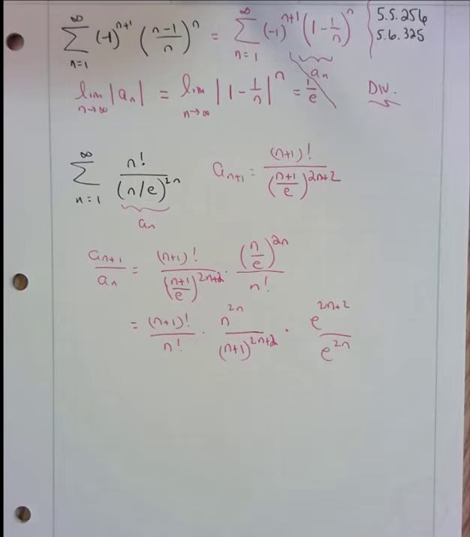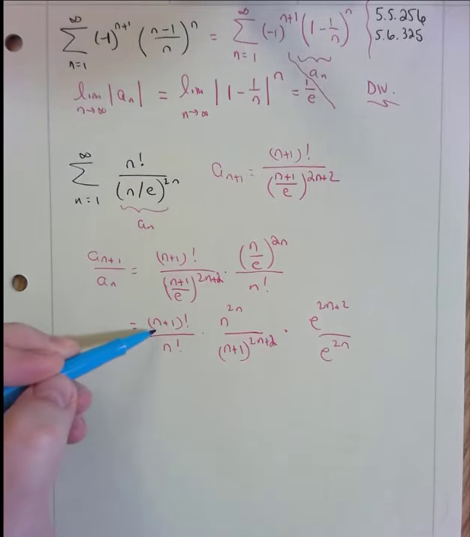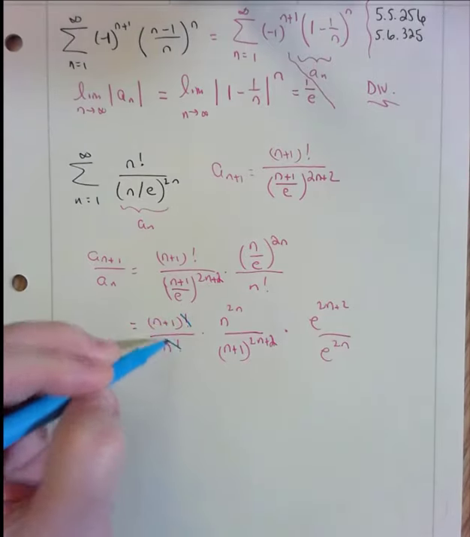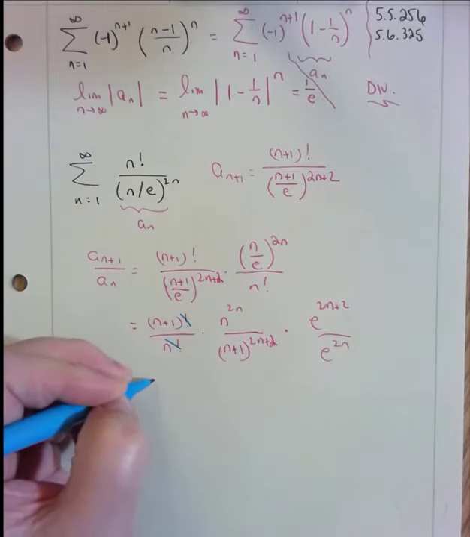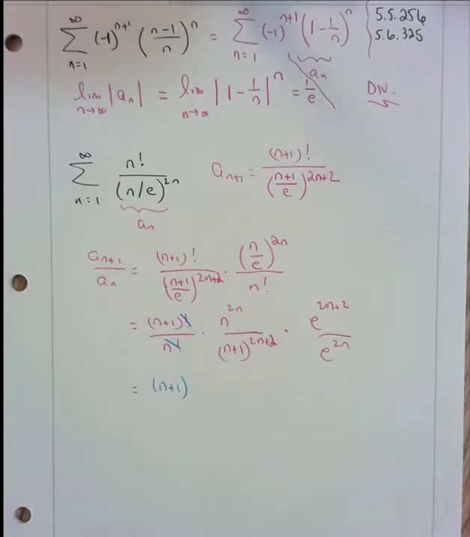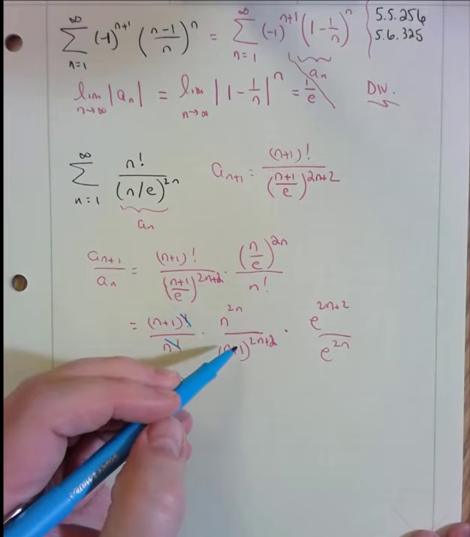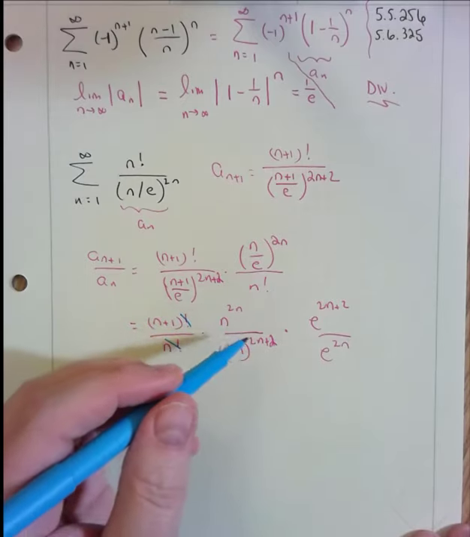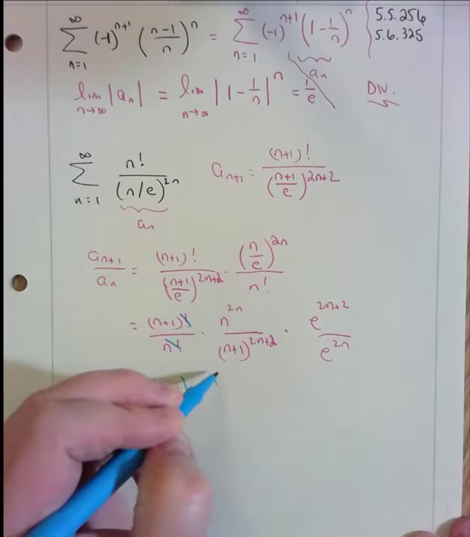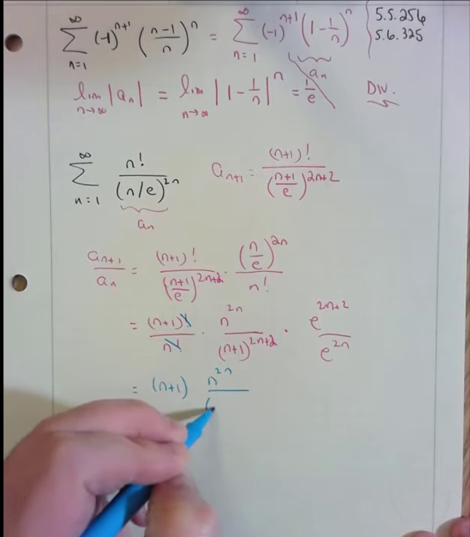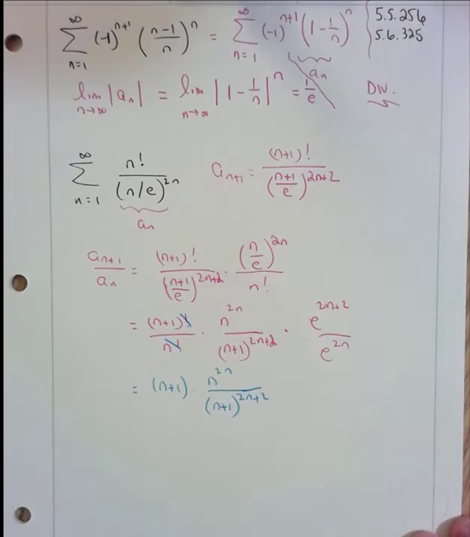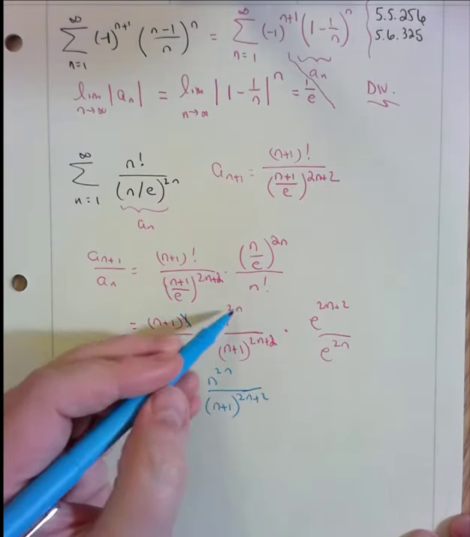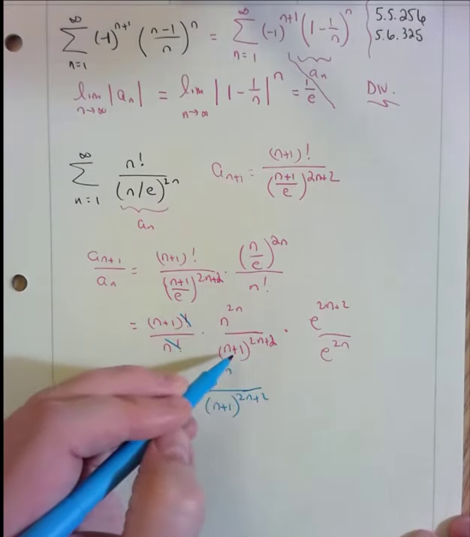Now let's watch some cancellation happen. N plus 1 factorial over n factorial, that's what cancels. So we leave behind just n plus 1. Here, what's going to happen here? Well, this is going to be the same, because really nothing's going to cancel. N to the 2n, n to the 2n, n plus 1 to the 2n plus 2.